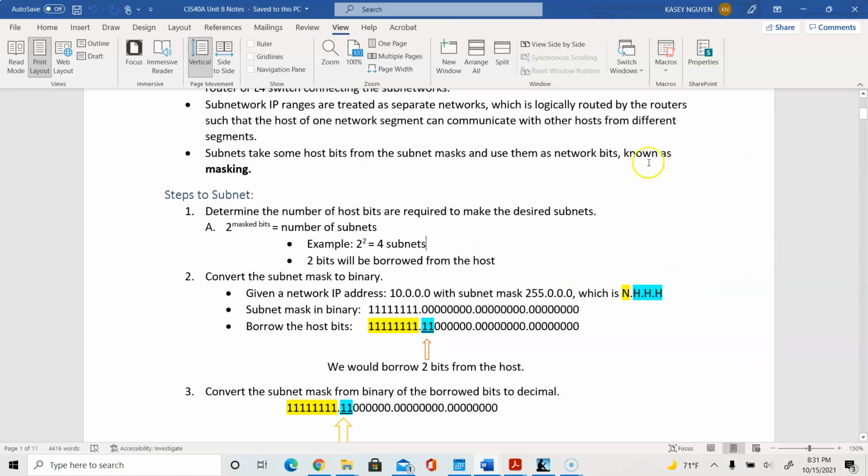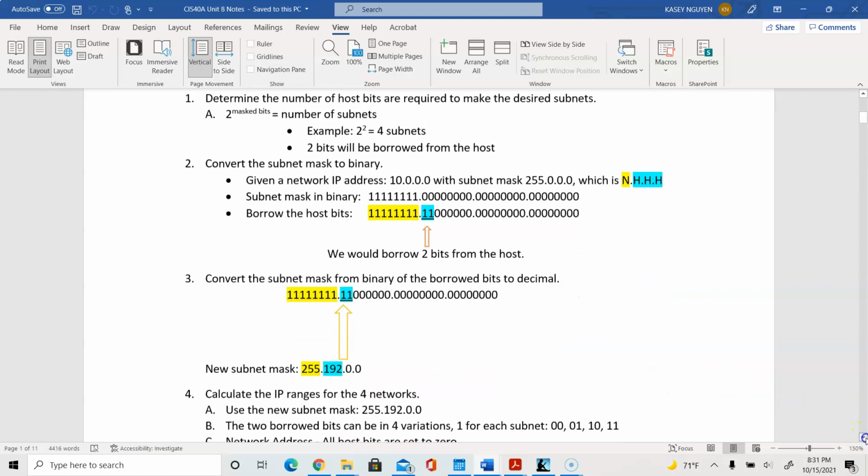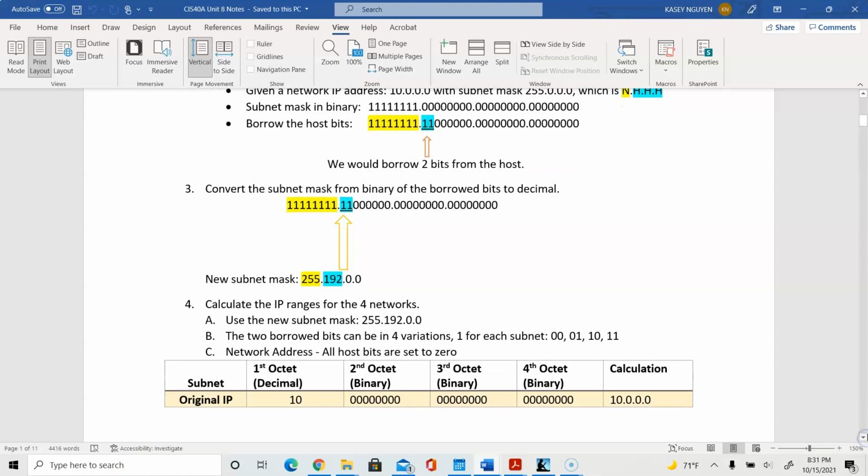So what we will do next, after we determine the number of the borrow bits or the mask bits, is convert the subnet with the borrow bits in binary.